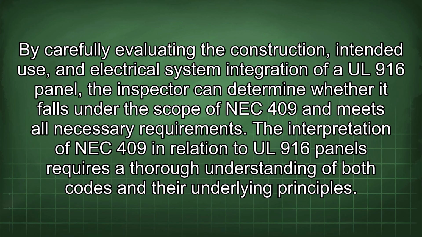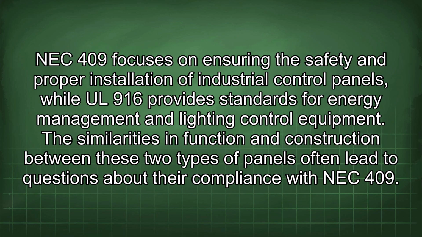The interpretation of NEC 409 in relation to UL 916 panels requires a thorough understanding of both codes and their underlying principles. NEC 409 focuses on ensuring the safety and proper installation of industrial control panels, while UL 916 provides standards for energy management and lighting control equipment.